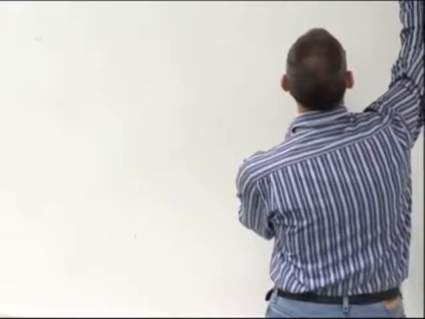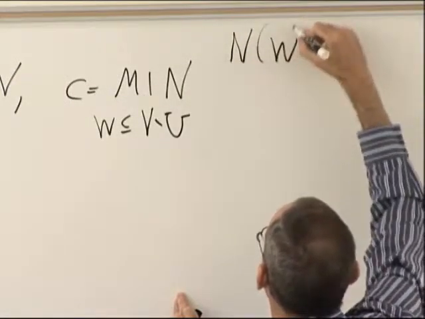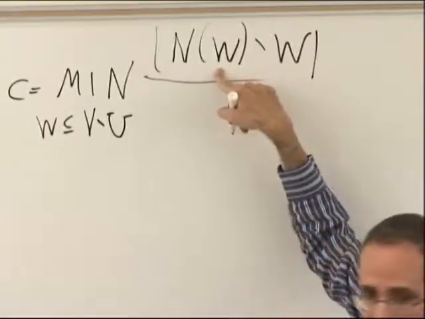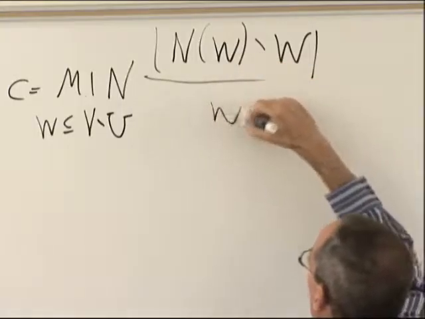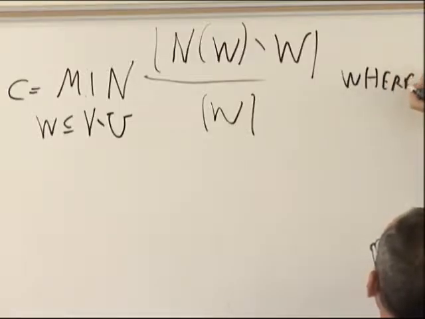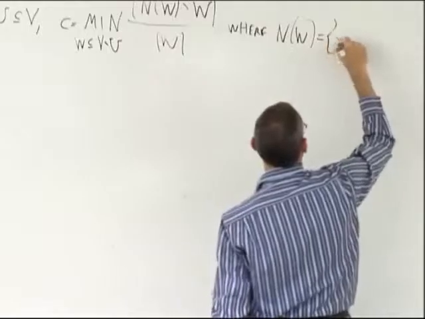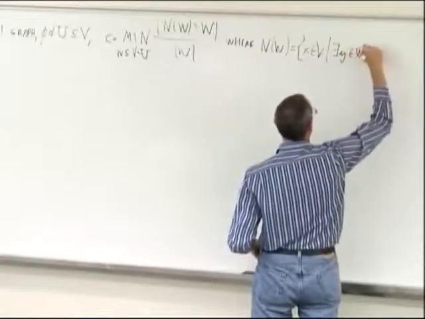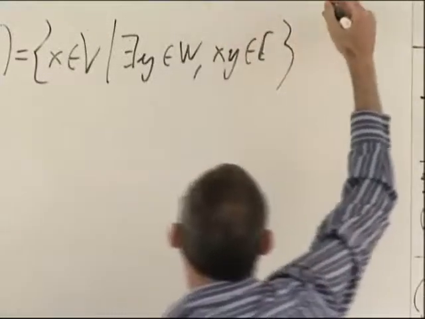And what we look at is the number of vertices. I'll define it. So N(W) minus W, these are all the neighbors of vertices in W, but which lie outside W. And we divide by |W|, where N(W) is the set of all X in V such that there is Y in W so that XY is an edge, right?